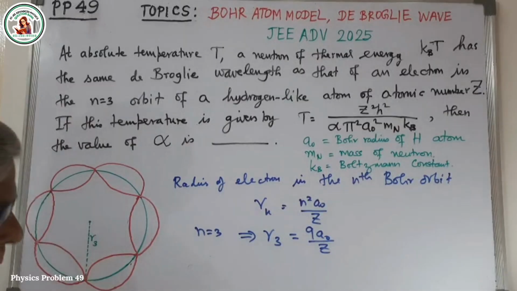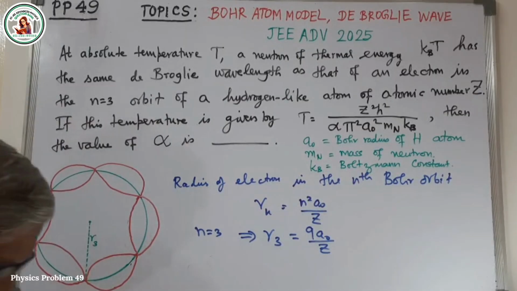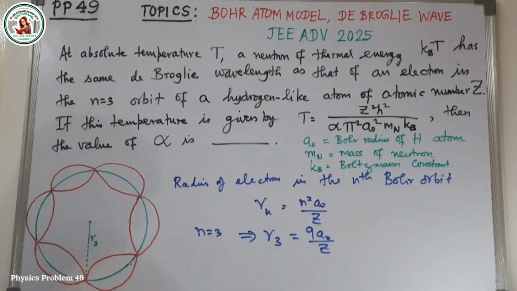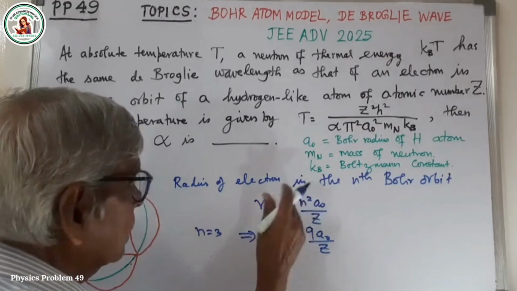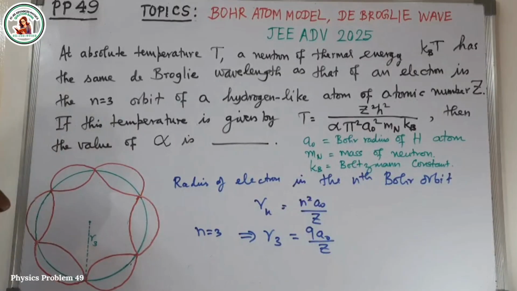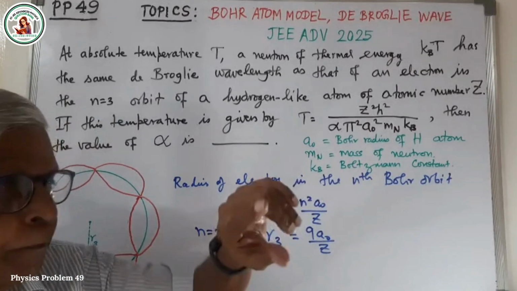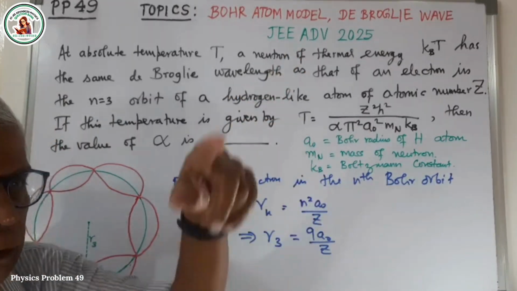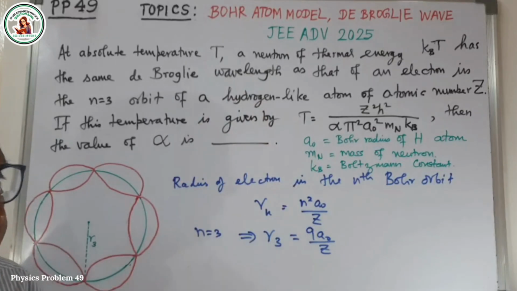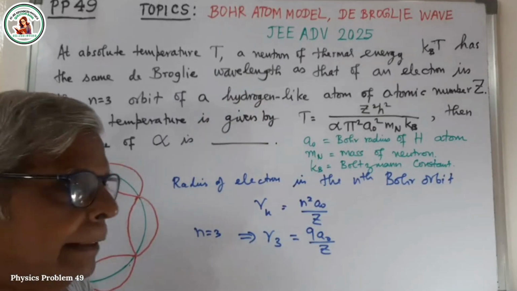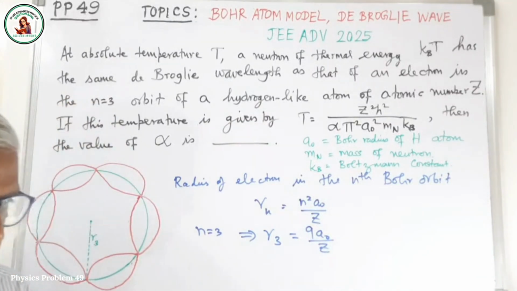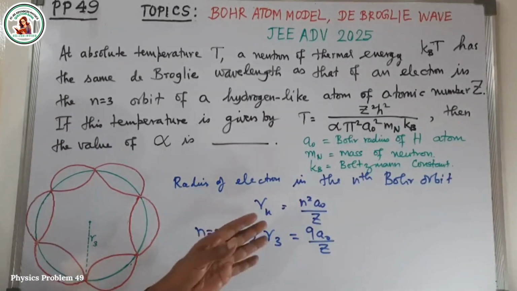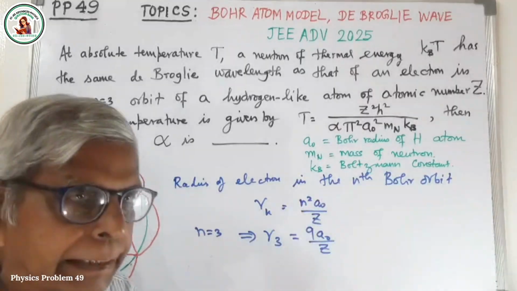So that is R3. Now what we have to understand is that in the n equals 3 orbit, the third orbit, if the electron is simply going round a circle, it will be radiating energy and losing its energy, and it will be attracted to the nucleus, so it cannot be stable.